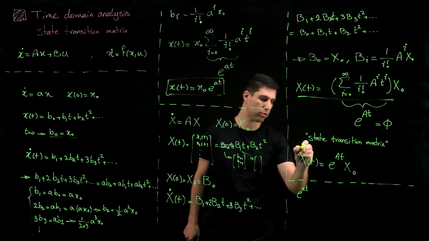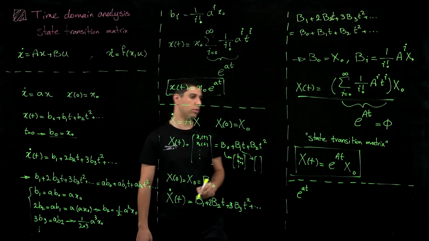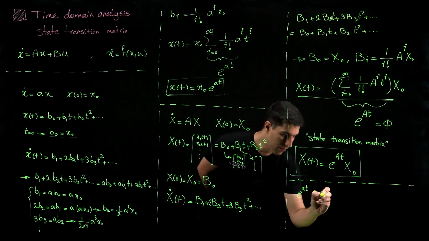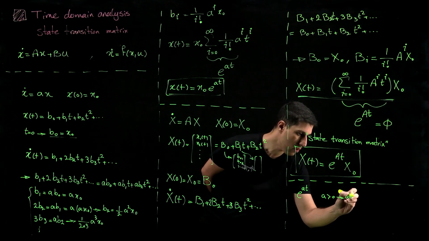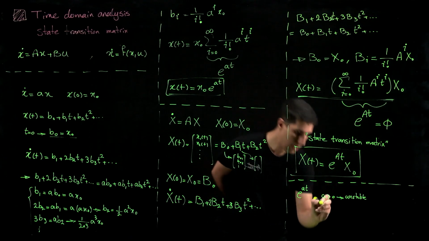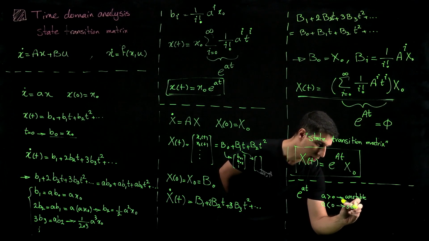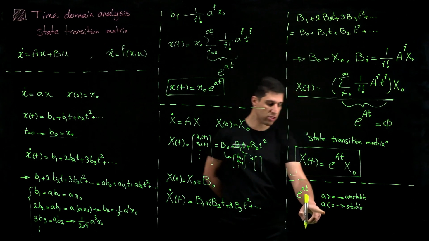Let me draw a thing around it so you know it's important. So e to the at, if a was positive, you had unstable. If a was negative, you had stable.